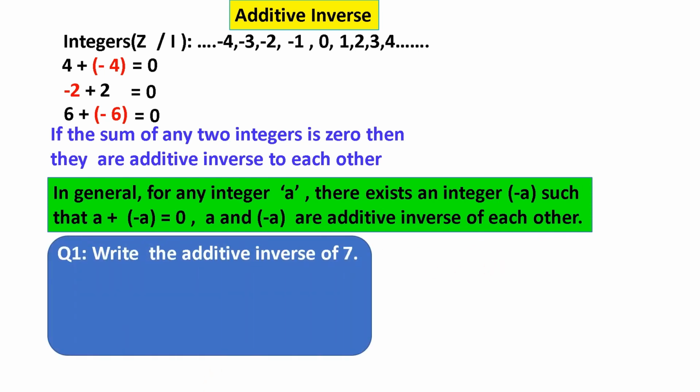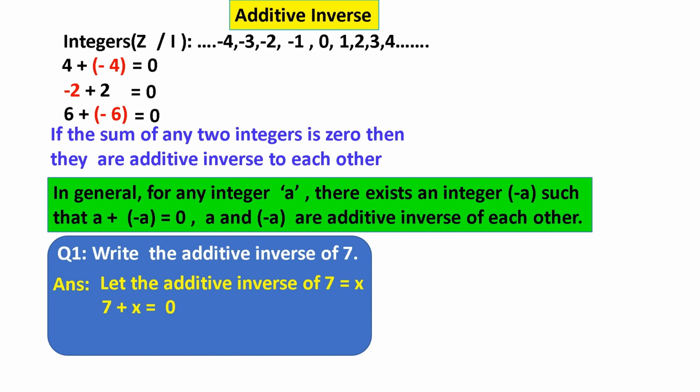Next, write the additive inverse of 7. Answer: let the additive inverse of 7 be x. Now, if the sum of any two integers is 0, then they are additive inverses of each other. That's why I will take the additive inverse of 7 as x.